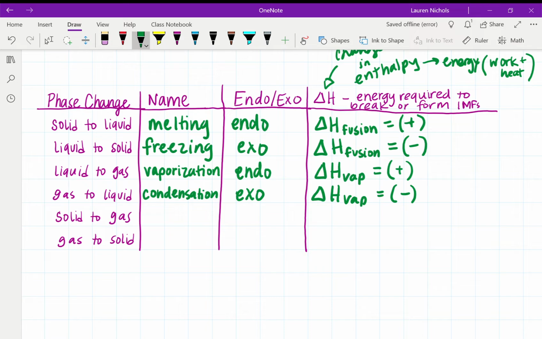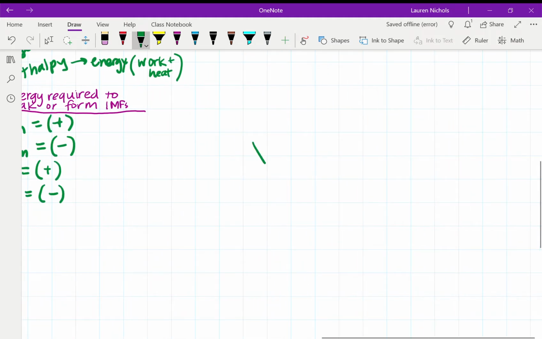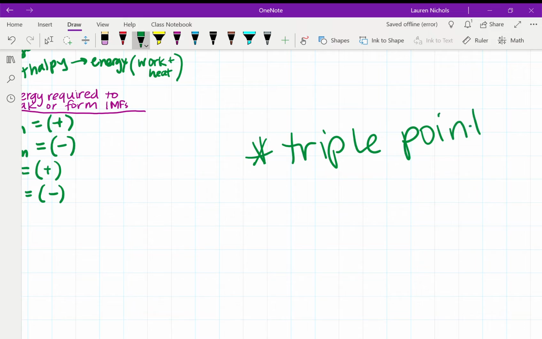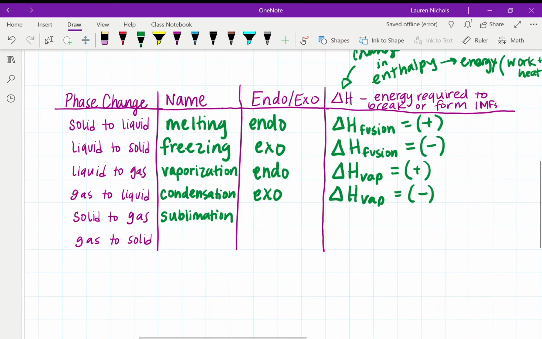Now, a solid to gas is sublimation, and we're not going to talk about it a whole lot, although if we were in class, I have a dry ice lab and we would get to do it. If you want to look something up online just to see what it would be, look up the triple point of CO2, and you would see the lab that we would have done in class with dry ice.